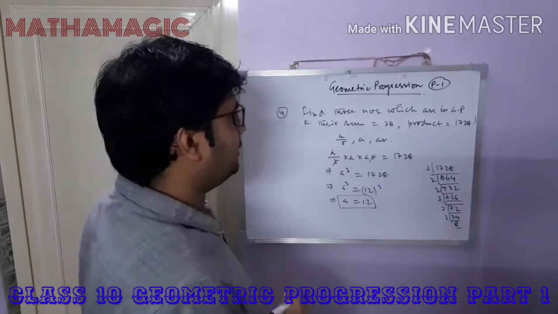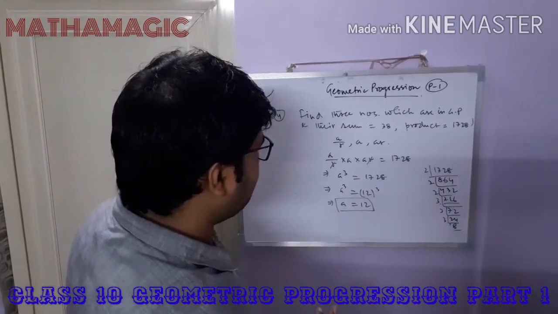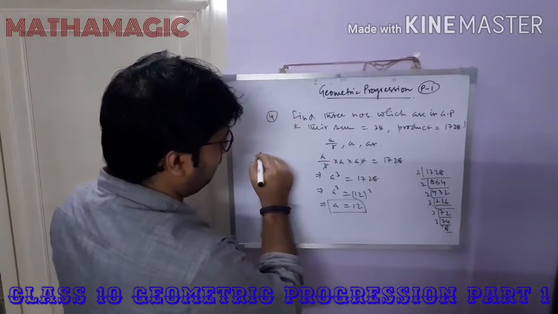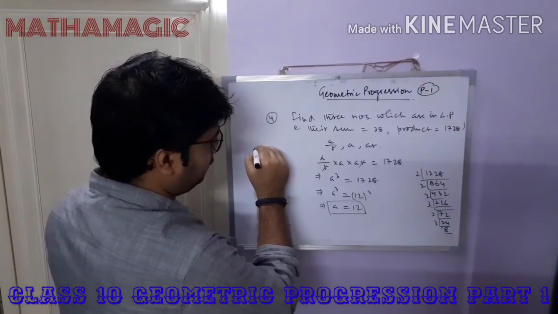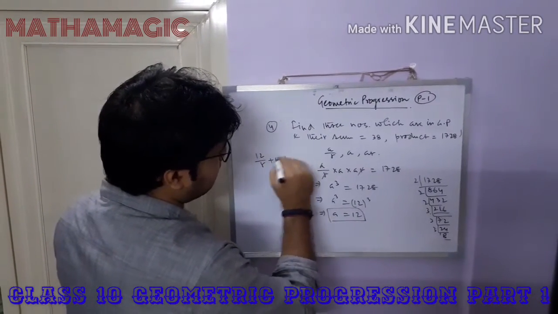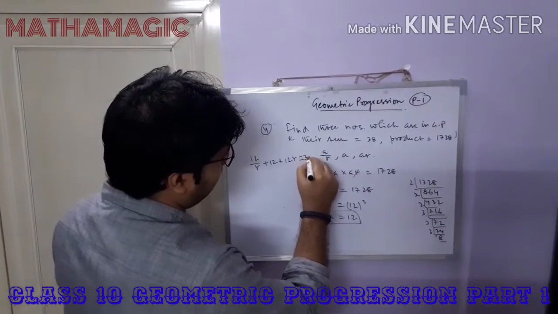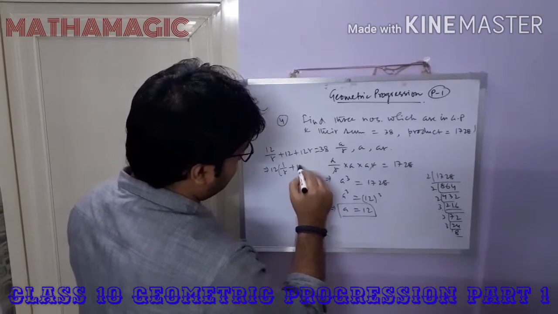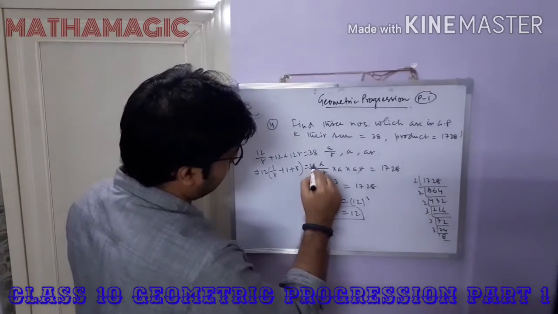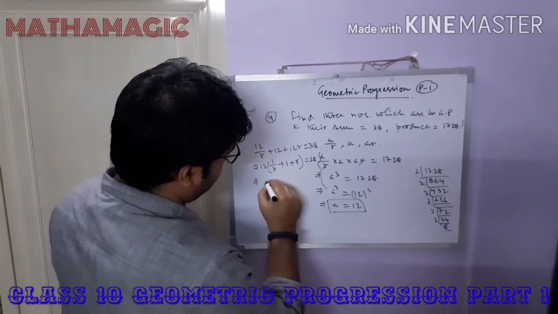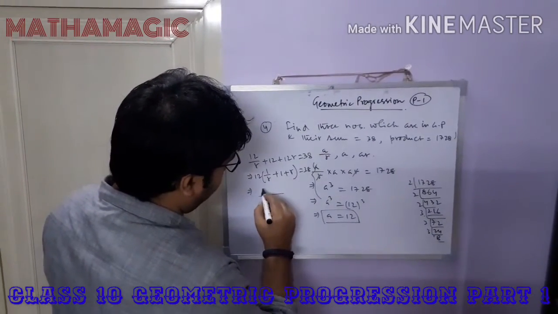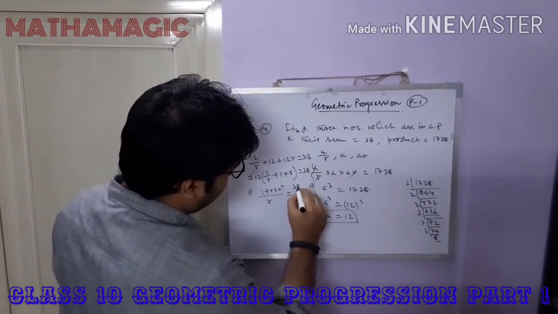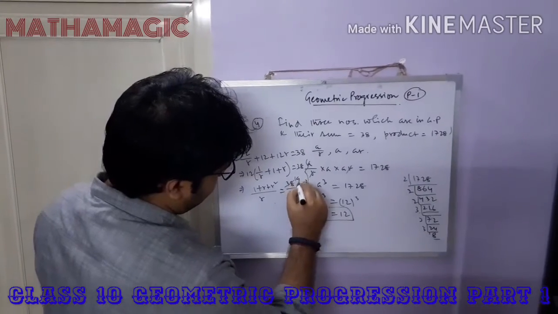So we have got the first term. If we get the first term like this, then we can easily use that term to find r by using the sum. So it is 12 by r plus 12 plus 12r equals 38. We take 12 common, so it will become 1 by r plus 1 plus r equals 38 by 12, which is 19 by 6.